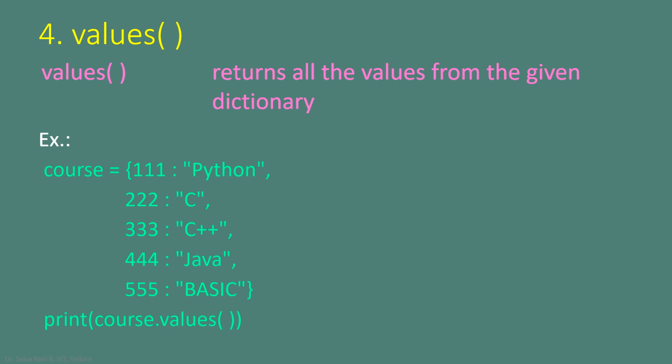If we use the print method to check the output of course.values, the output is dict_values of a list, and the list is having all the values from the course dictionary, Python, C, C++, Java and Basic. Hence, keys and values are the methods used in dictionaries to retrieve all the keys and all the values separately, but the retrieved keys and values are provided as a list.